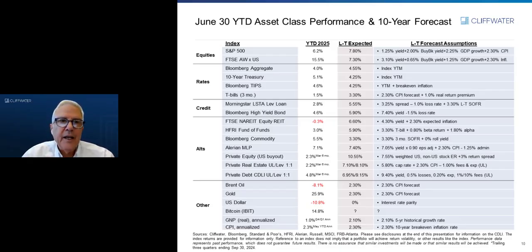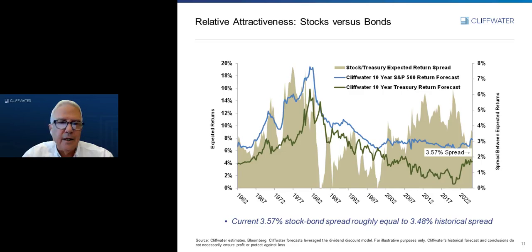That lowered a lot of these asset classes, but generally they're pretty much in equilibrium. That shows up in the next slide, where I show the relative attractiveness of stocks versus bonds. So basically, that's the big question: should I do risk on, risk off? And good proxies are stocks and bonds.